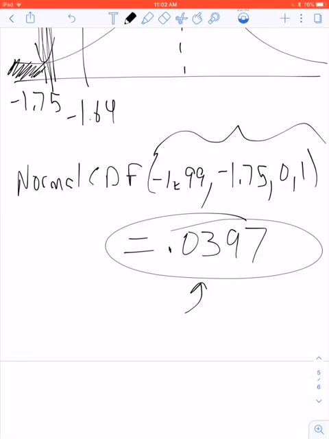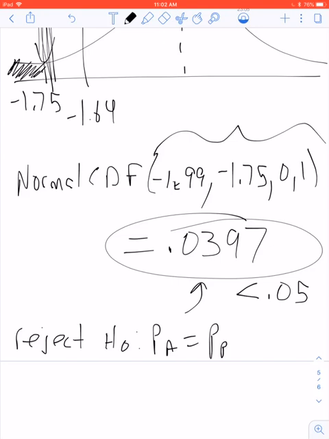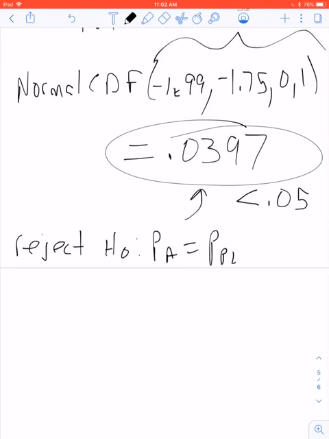Well, because my p-value is less than the 5% level of significance, then that means I do have convincing evidence. I am going to reject H0, that the proportion of people who get cancer when they take aspirin is equal to the proportion of people who get cancer when they take the placebo.